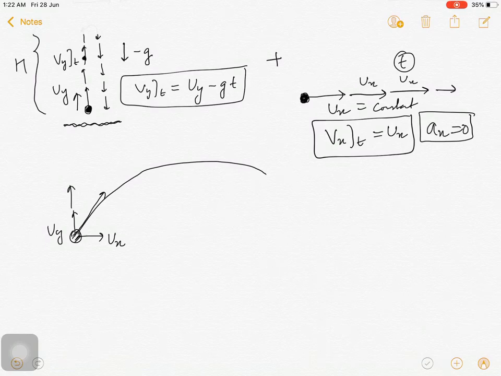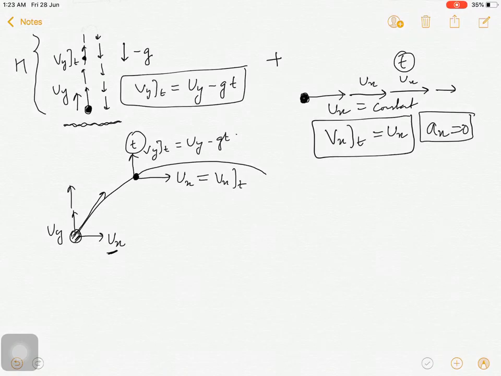Let us assume a time t, so the ball at time t is here. At time t, the velocity in x direction remains the same as the initial velocity, so ux is equal to vxt. The velocity in y direction at time t is nothing but uy minus gt.